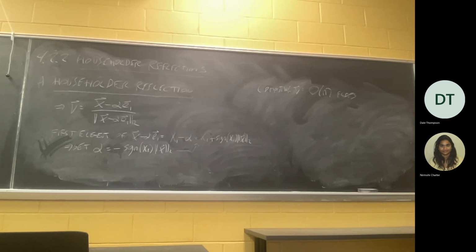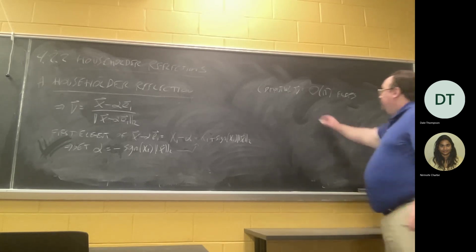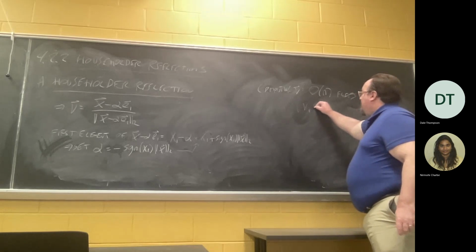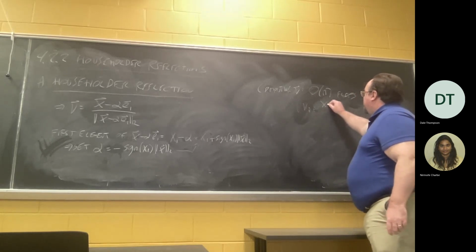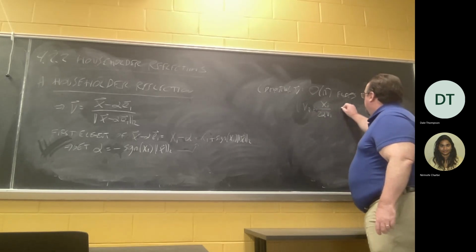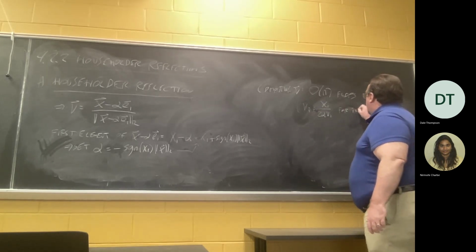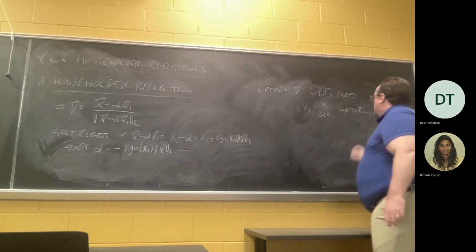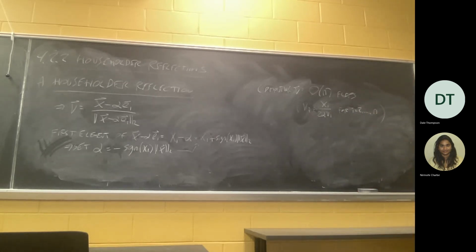It takes a little work to get the first element, but then Vi is equal to Xi over 2 alpha V1, for i going from 2 to n. So computing V1, the first element of V, takes a little more work.